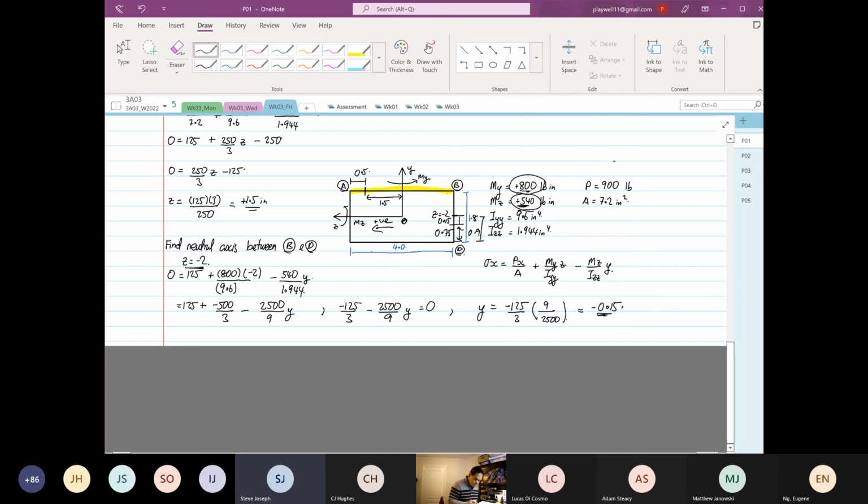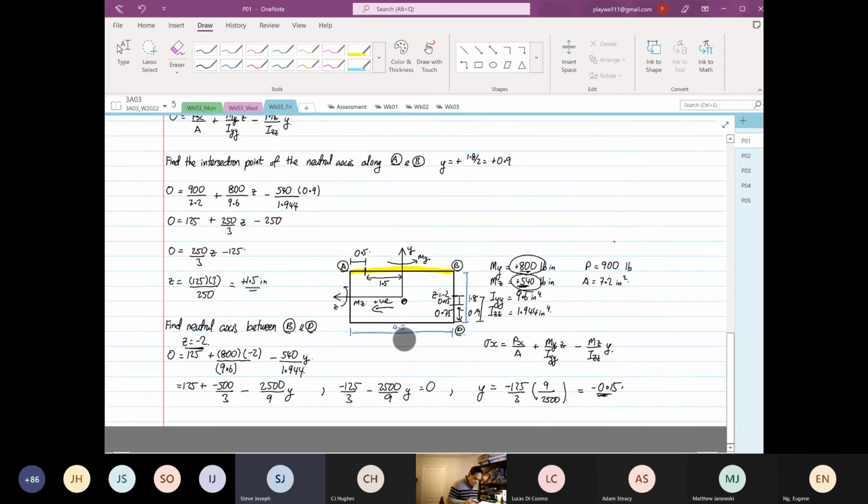Because in the previous part we calculated Z to be 1.5, no? Yeah, the previous one is the intersection of the highlighted yellow. This one we are calculating the intersection of the Y along BD. It's different.